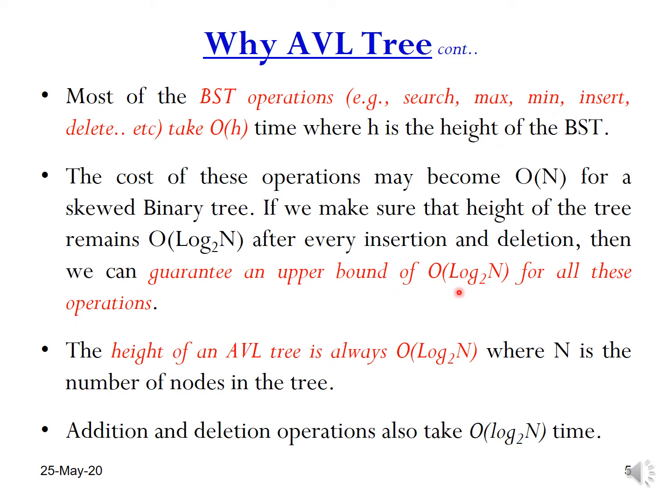So we can maintain the time complexity of order of log n for all the operations. And the height of an AVL tree is always order of log n, where n is the number of nodes in the tree. Insertion and deletion operations also take order of log n time. That's why we use the AVL tree.